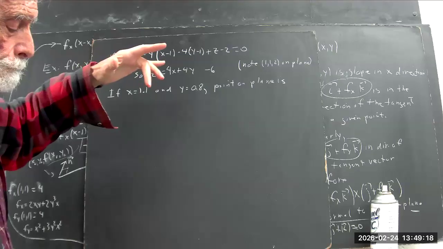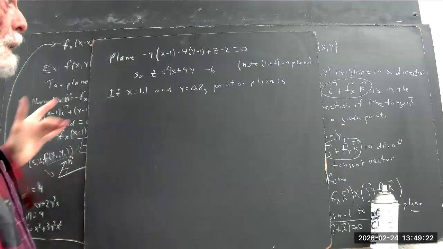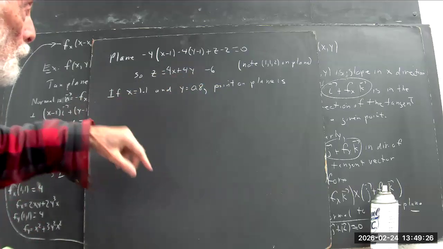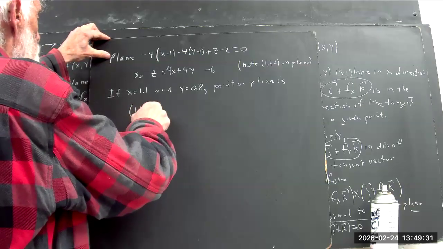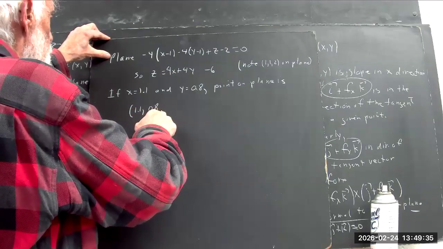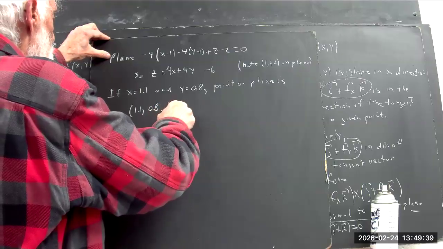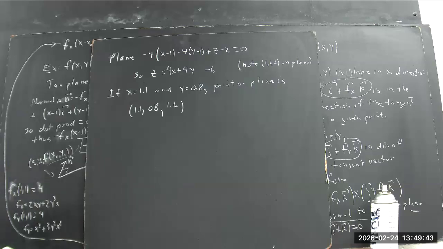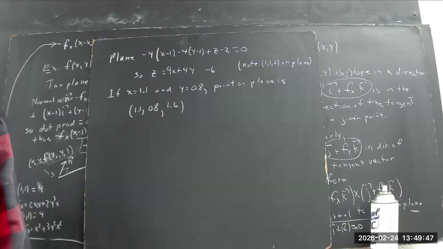Means we're going to be 0.4 units less than we would be at 1, 1, 2. So I think that puts us at 1.1, 0.8, 1.6.